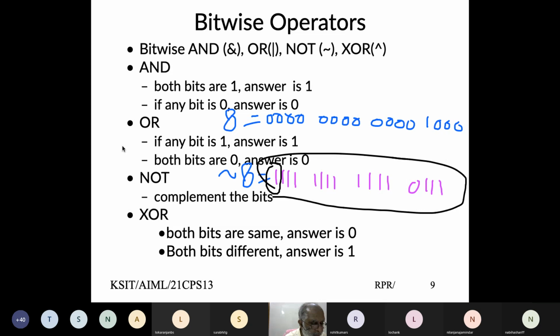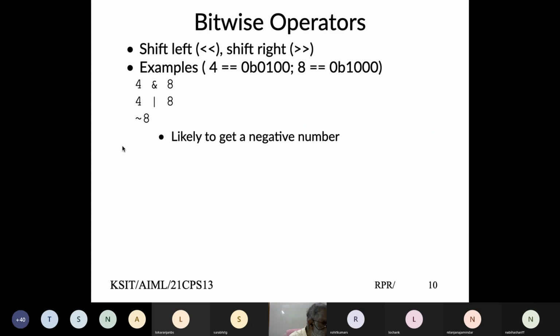Next, we look at the shift operators, and we already discussed and, or. Let's look at the number 8 written in 8 bits: 0, 0, 0, 0, 1, 0, 0, 0. If I do shift left by 1, all the bits are shifted left by 1.